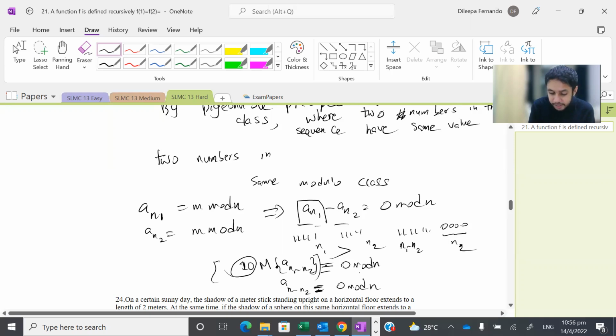If n were a multiple of 10, that means 10 and n have common factors, and when we remove the common factors, a n1 minus n2 may not necessarily be a multiple of n. But since 10 and n are independent, the factors of n are completely present in this.